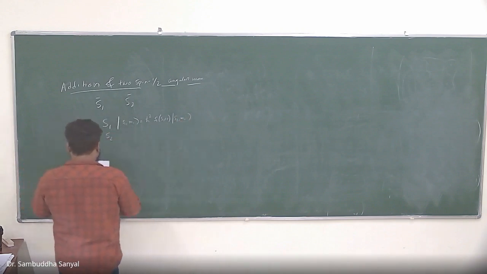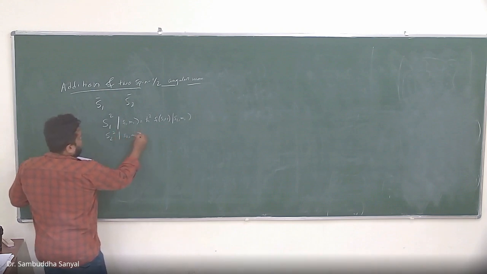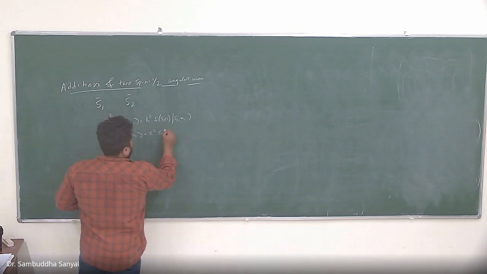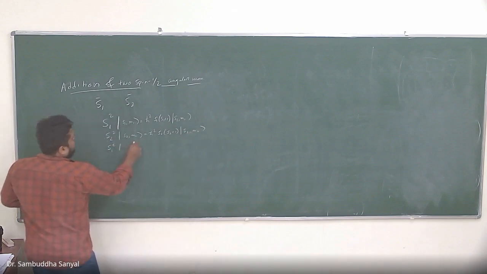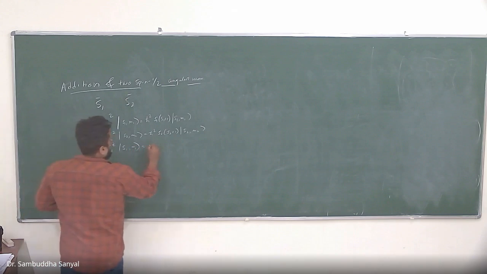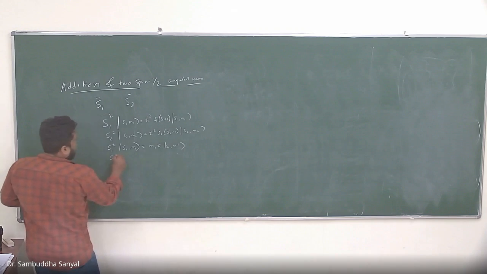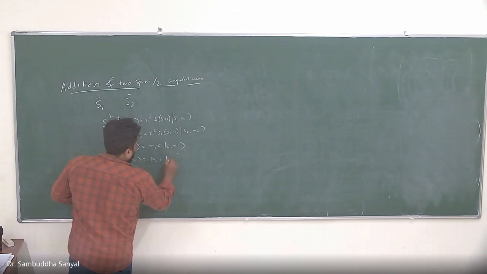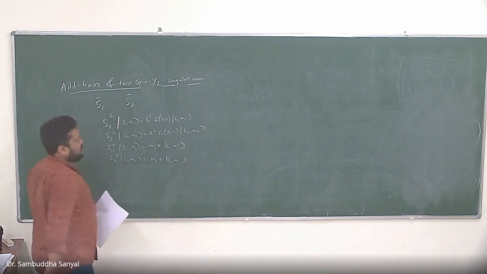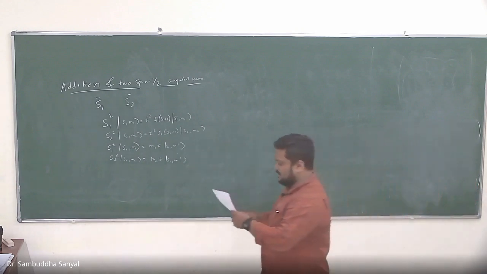Similarly, S1 squared and S2 squared will give me the same, and similarly S1z. Okay, so this is two completely independent descriptions which I can shorthand in this form.